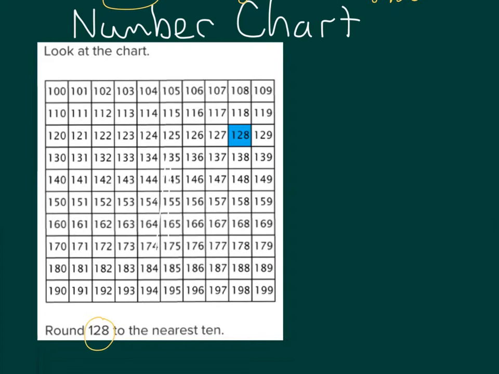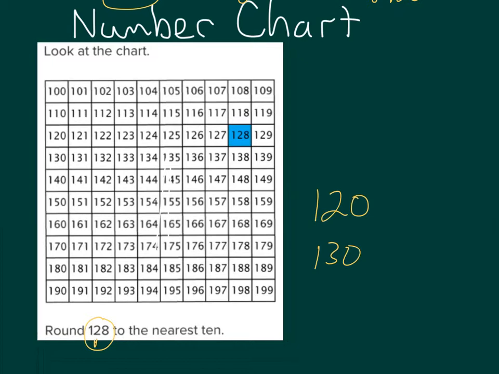We're going to find the benchmark numbers. In this case, rounding to the nearest 10, 28 is between 20 and 30. So our benchmark numbers are 120 and 130.